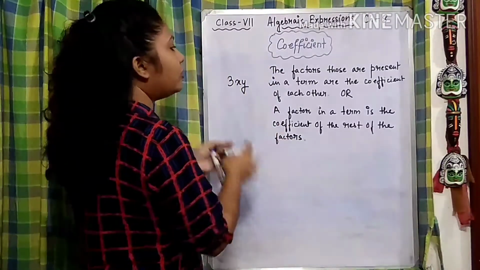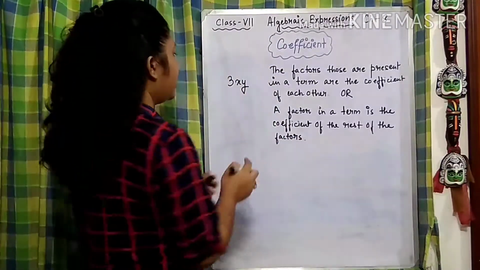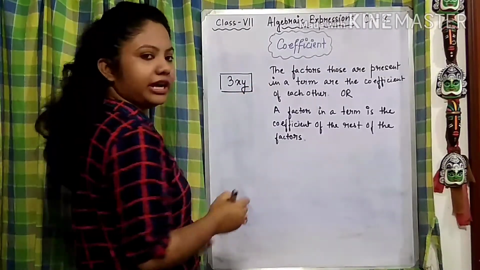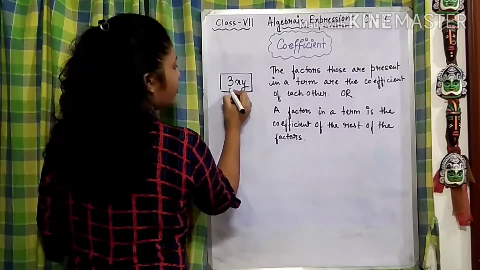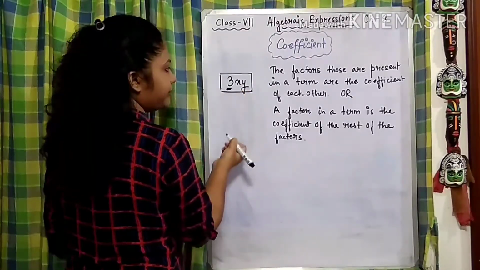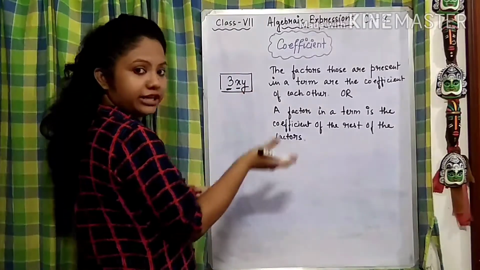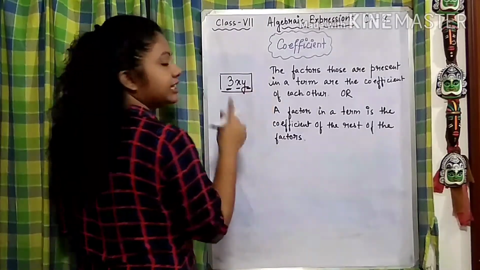Now, how are we going to explain this? Here, this is the term we have taken, right? There is a 3, which is a numerical, x is a variable or literal, and y is another one.